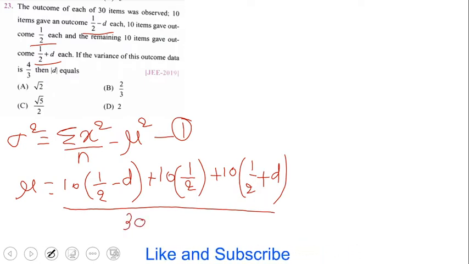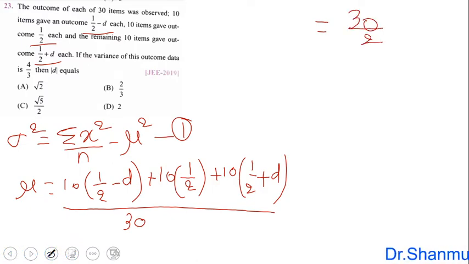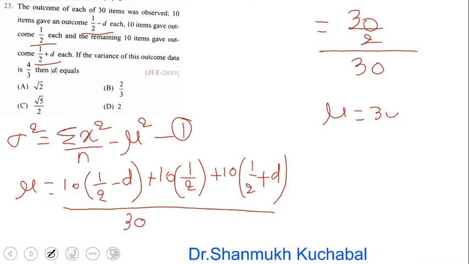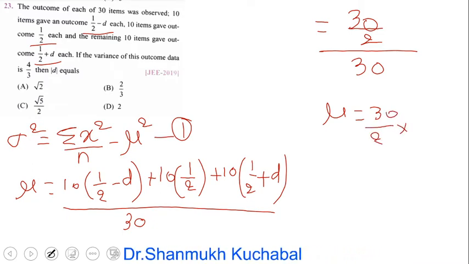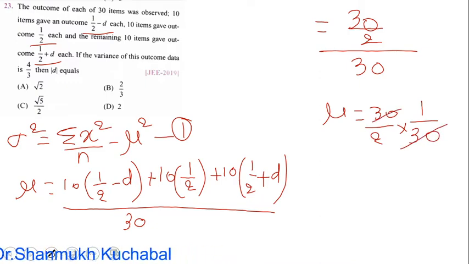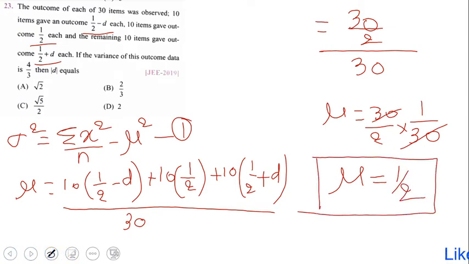Simplifying the numerator we get 30/2, and the denominator is 30. So mu is 30/2 times the reciprocal 1/30, and 30 cancels, then mu we will get as 1/2. So this is the solution we are going to get.